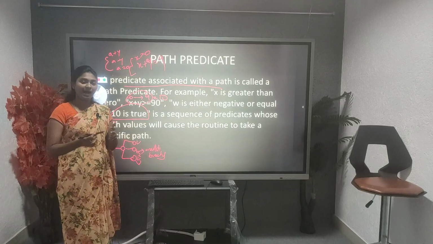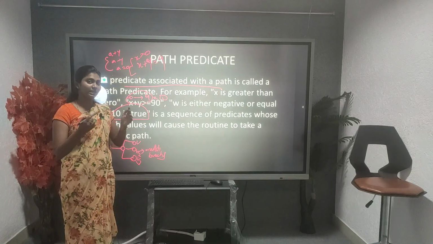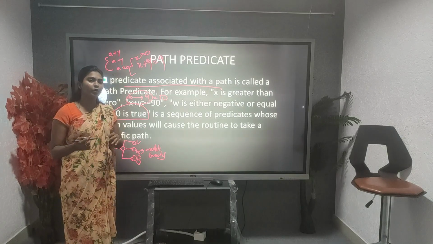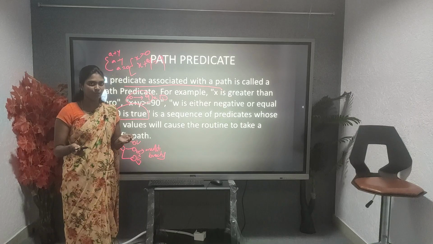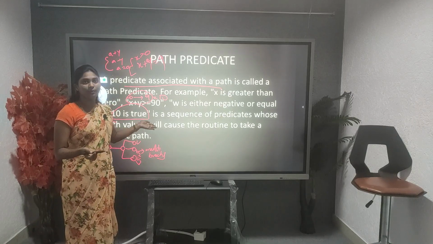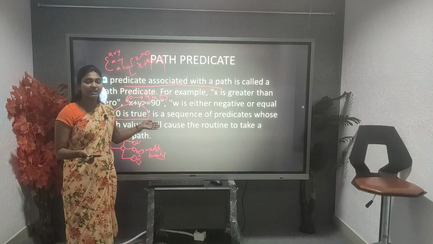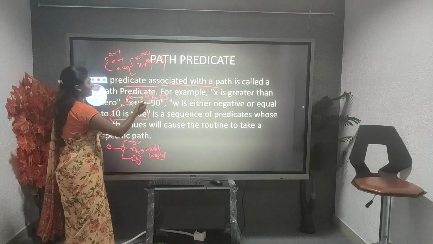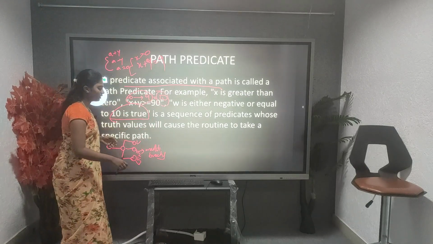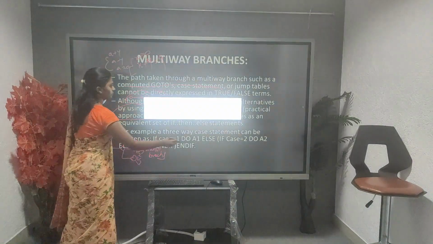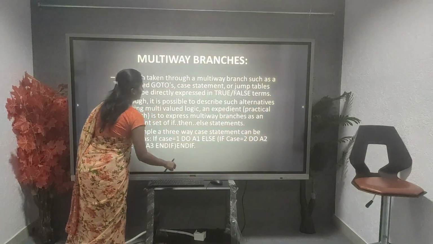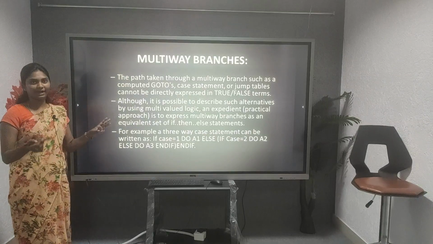Path predicates describe the decision points in multiple ways. But even if we execute in multiple ways, the predicate variables are taken as a single variable, which is defined as 10. The next one is multiple branches.